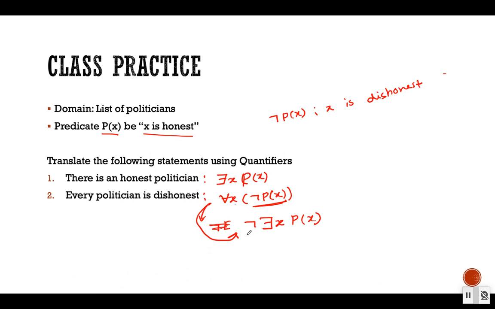It will be read as: there doesn't exist one single politician who is honest. They both mean the same, but they are read with a different tone. So the second one can be translated using either this way or this way.